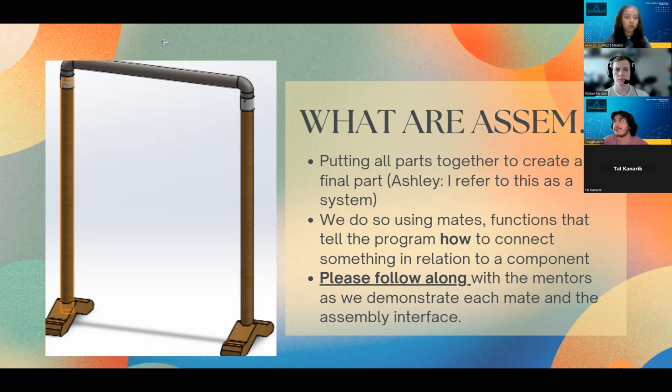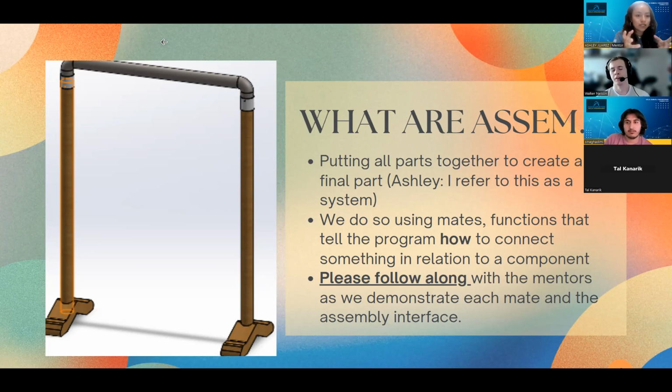But for those of you who don't know what an assembly is, I put Ashley because Annika and I are sharing the slides. Assemblies, imagine all the parts we created. Let's say you created a box, a lamp, that weird vase with the straw that we made. It's putting everything together into a system. Now, how do we put these things together?